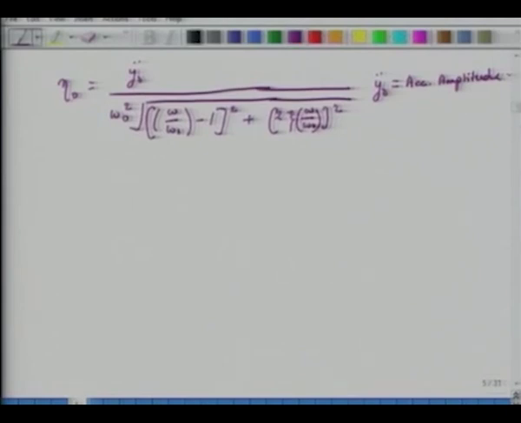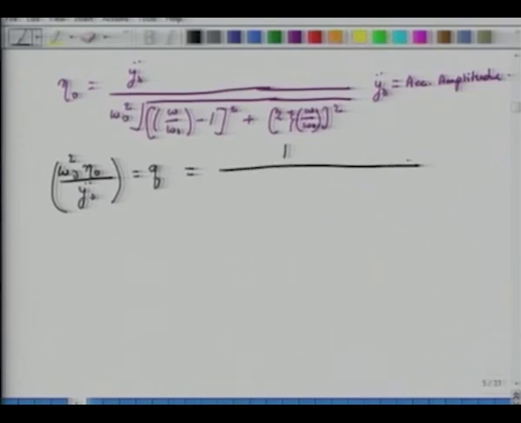So I can rearrange this equation in such a way that I get a term omega naught square divided by y naught double dot, and this I call q, and a lot of people call this q mobility. And the radical sign terms are the same, so I don't have to repeat.